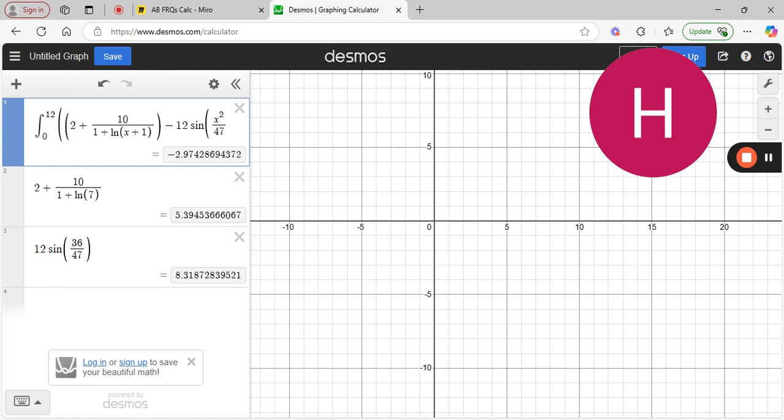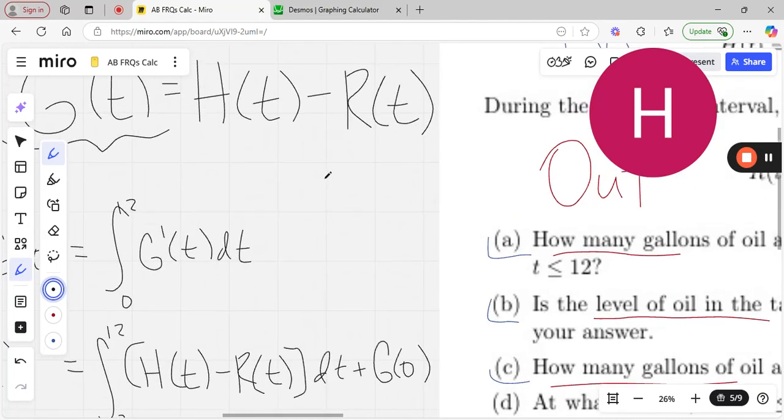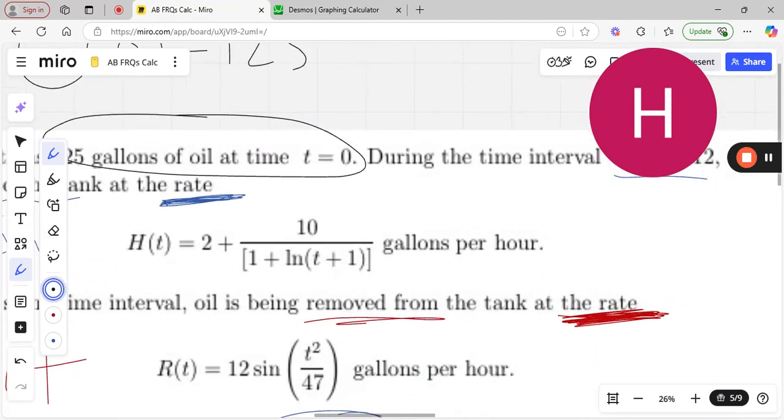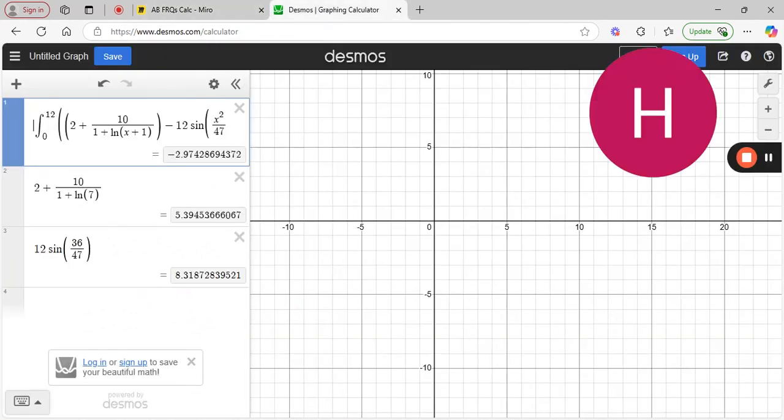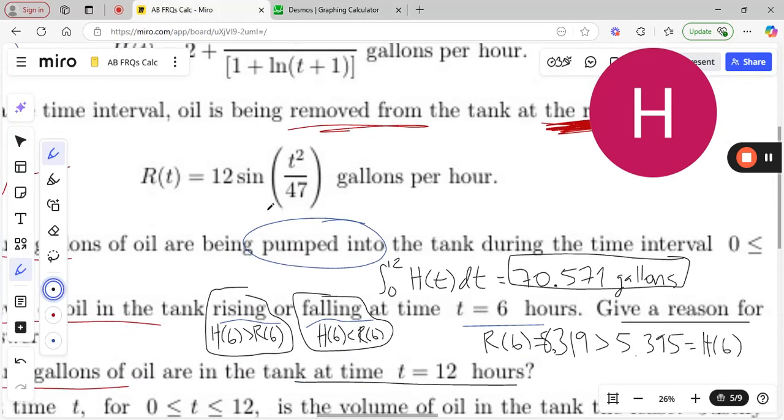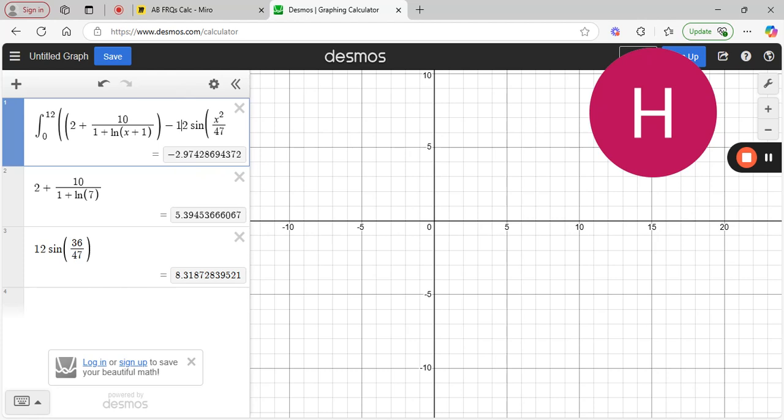This is how we double check: the function 2 plus 10 over 1 plus ln of x plus 1, good, minus 12 times sine of x squared over 47. Good. We're going from 0 to 12.